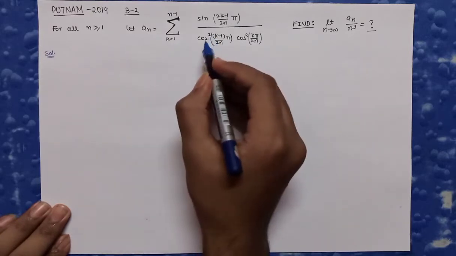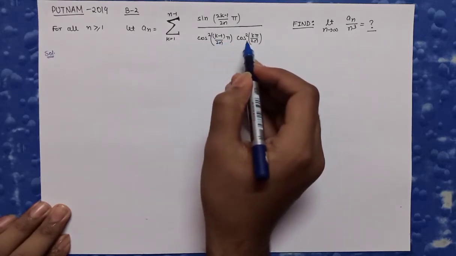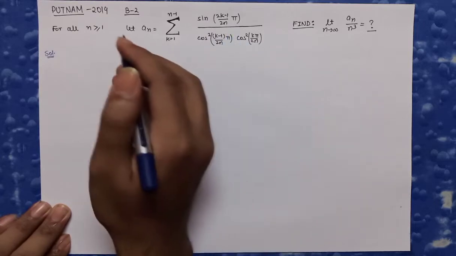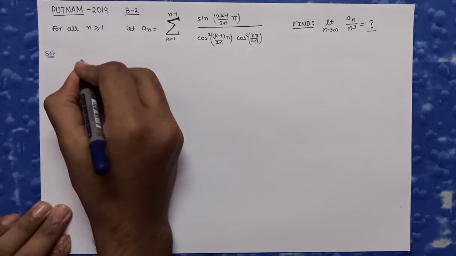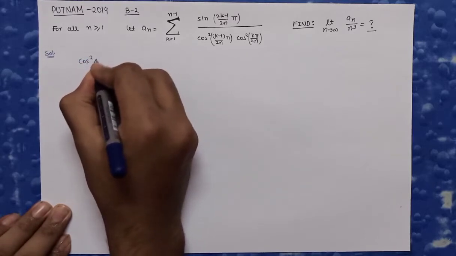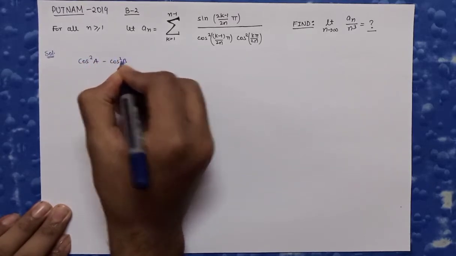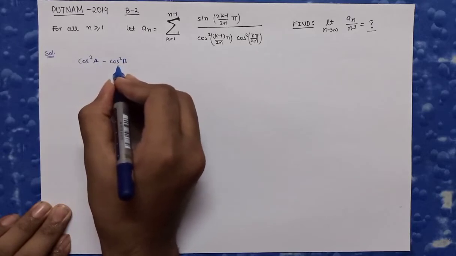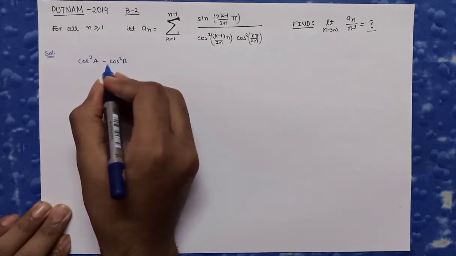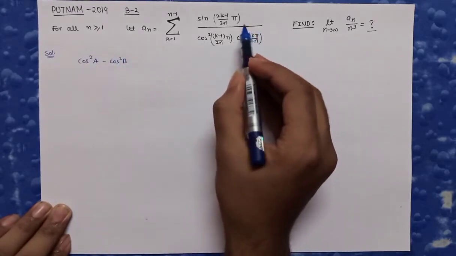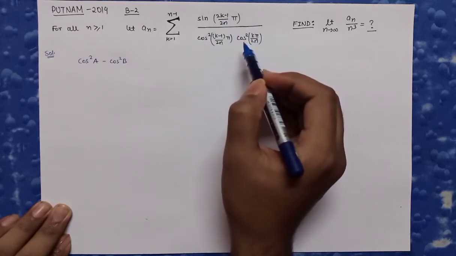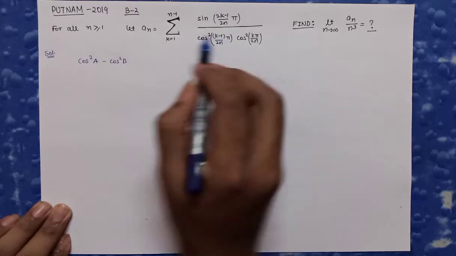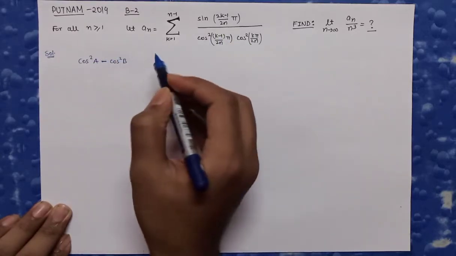Let's consider, because it is in terms of cos square and cos square, that I have cos square a minus cos square b, some kind of difference, because we know that there is an identity there, and for such trigonometric functions we always think of something like a telescoping series. So I'm thinking like that, and that's why I have taken this minus sign.